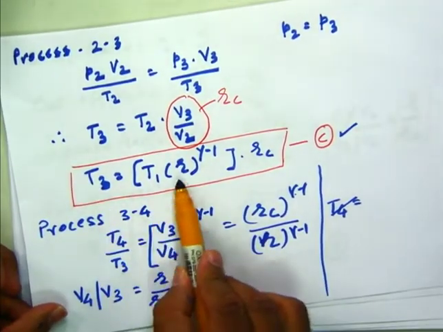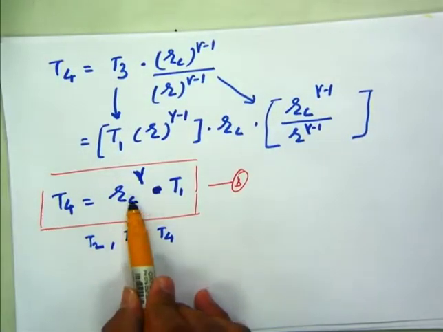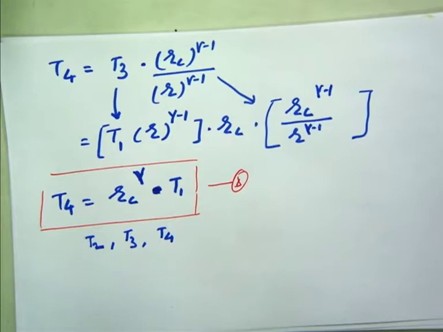T3 is equal to T1 R raised to gamma minus 1 into RC. And T4 is equal to RC raised to gamma into T1.